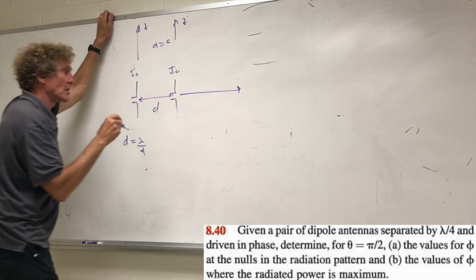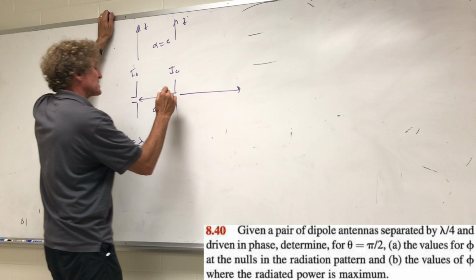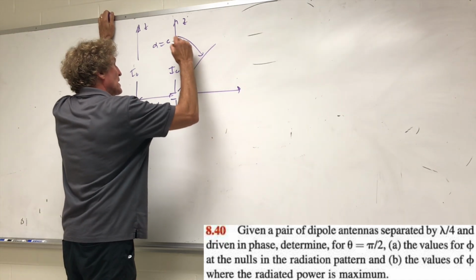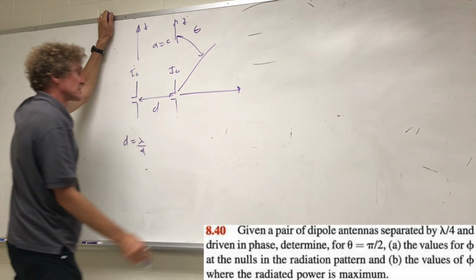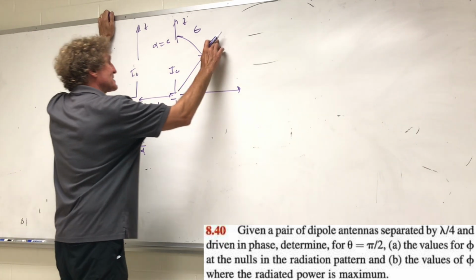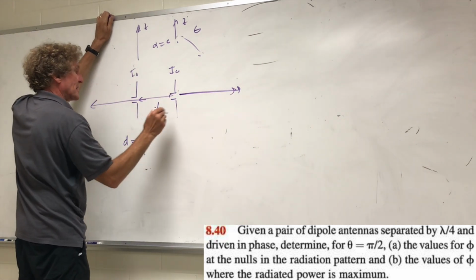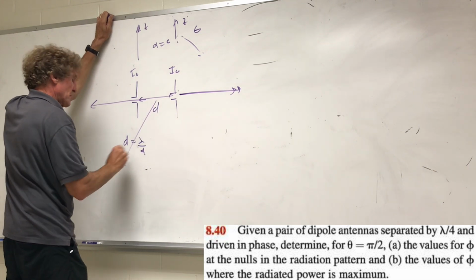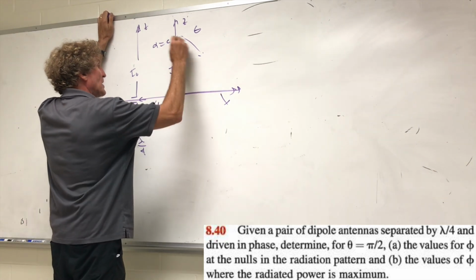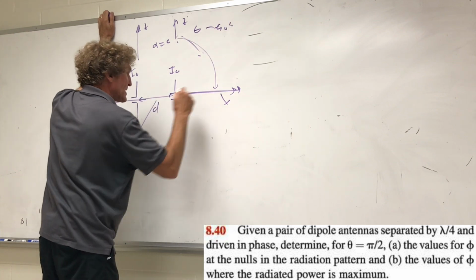Wait, hold on. So we get these dipoles, and this is the angle theta from the z-axis, and it says that's pi over 2. What they're saying is we're in the xy plane. Call this x coming out of the board, this y. We are at theta equals 90 degrees, in the xy plane.